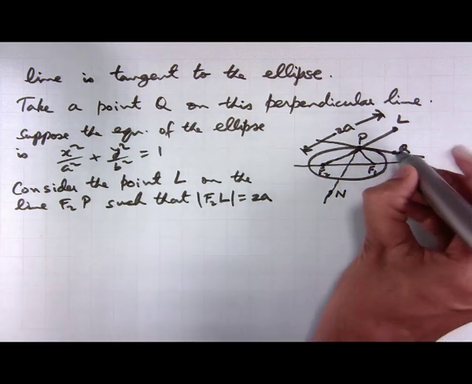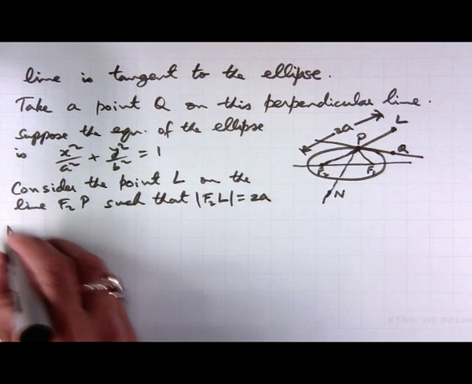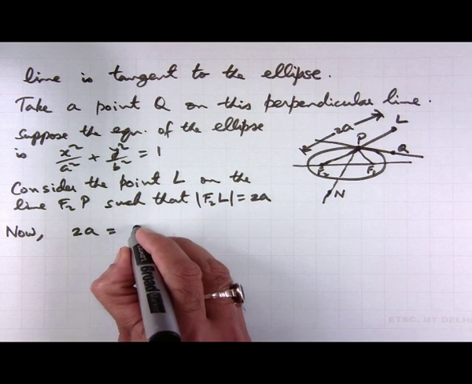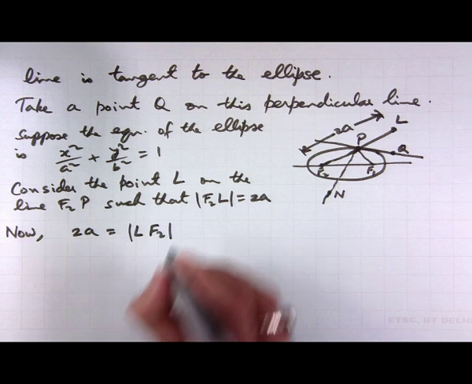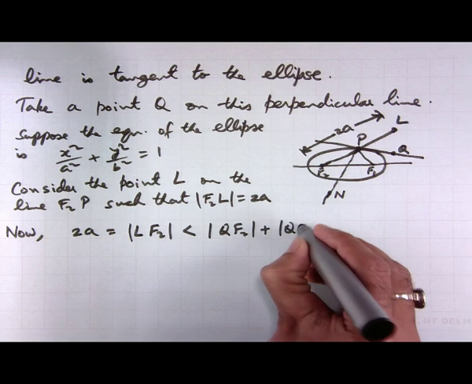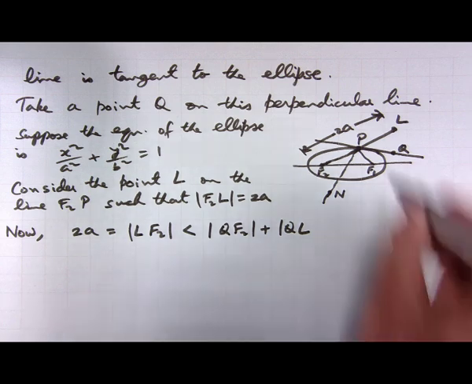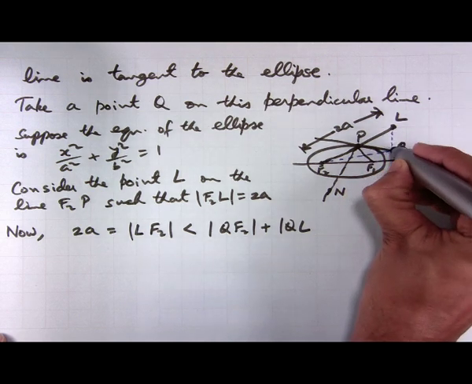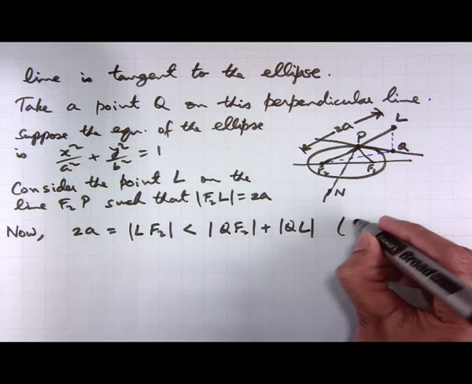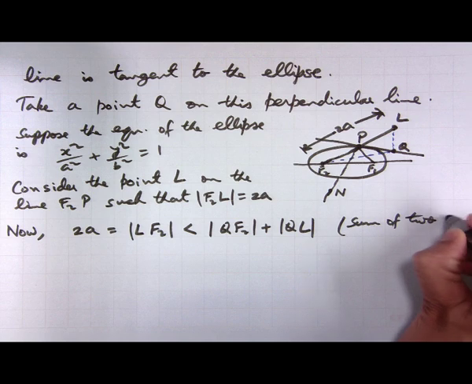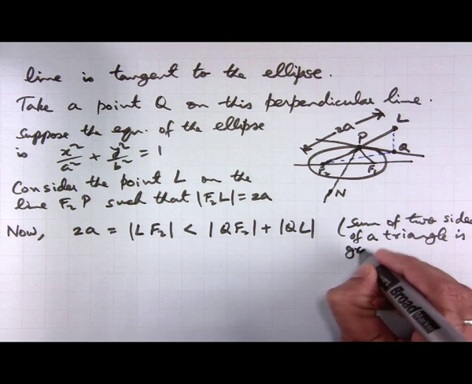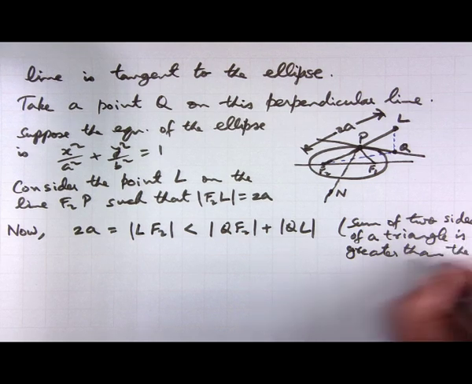So now notice this 2a is equal to the distance of L to F2, which is less than the distance of q F2 plus q L. If I join this point q to F2 and L, this is just the sum of two sides of a triangle, which is greater than the third side.